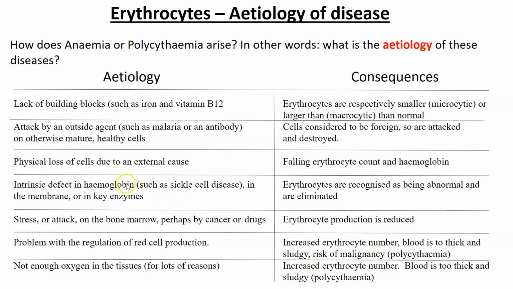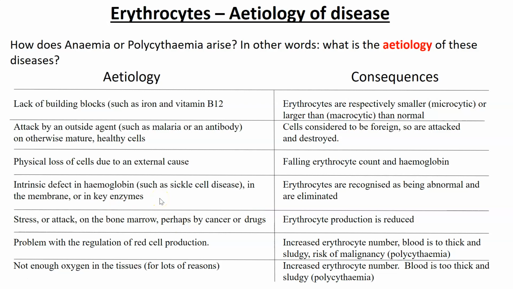Because it's usually a genetic problem, we call that intrinsic, as opposed to extrinsic. In this case, red blood cells can be recognized as being abnormal and eliminated. In sickle cell disease, they're not so much eliminated immediately; they're eliminated quicker, but not at once.